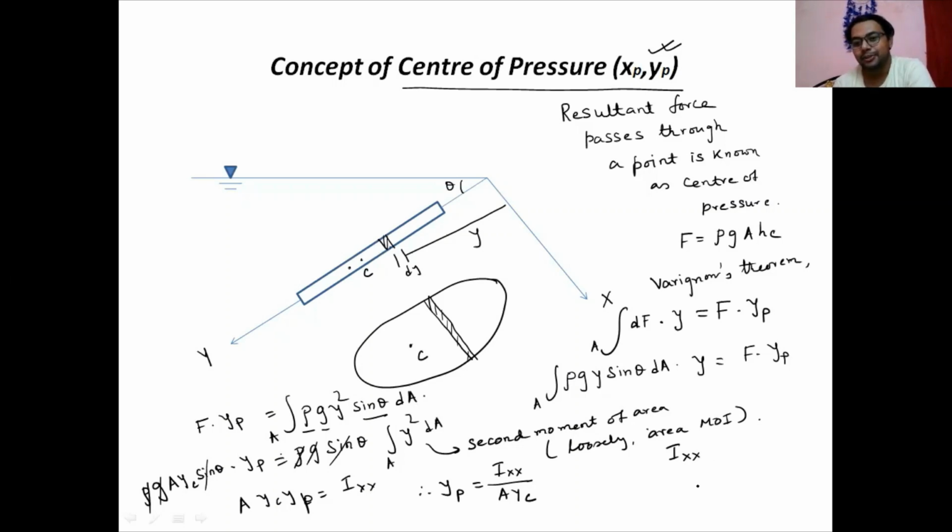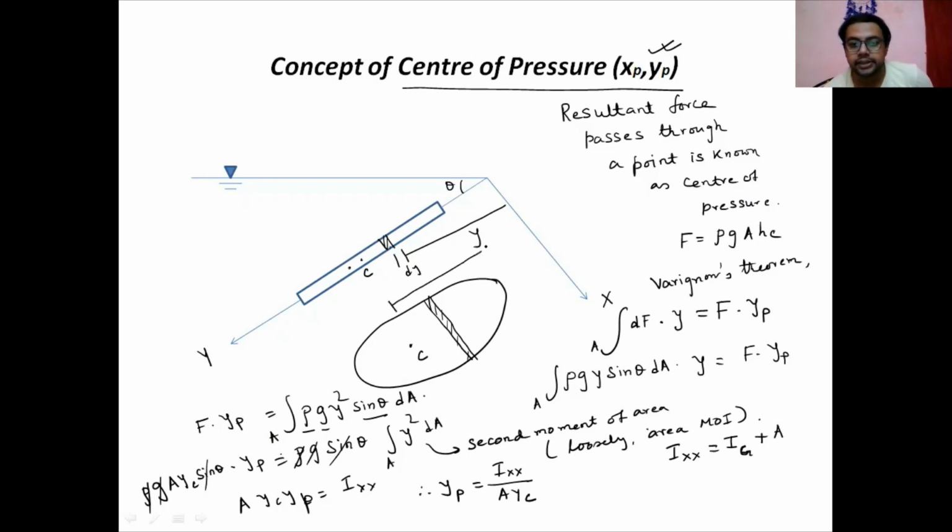Now if you apply the parallel axis theorem, it is telling that Ixx is equal to I of centroid, or Ig, center of gravity, through an axis passing through the center of gravity parallel to the x-axis, plus the total area of the plane surface into the distance between the two axes, that is yc.